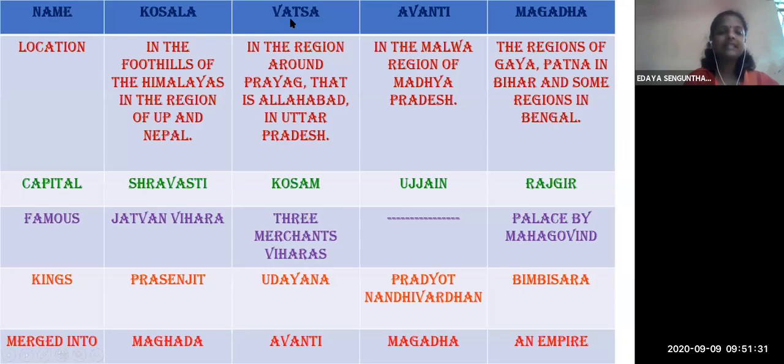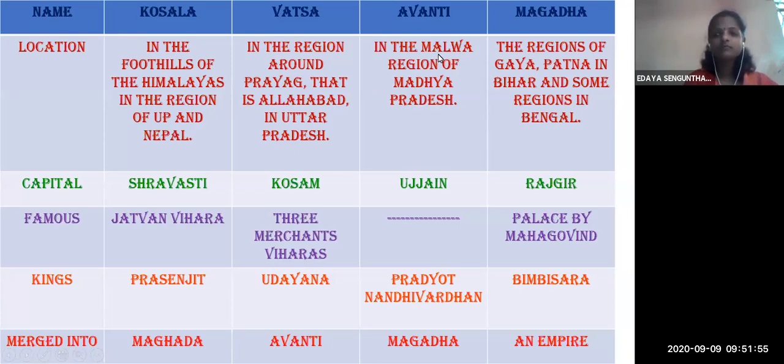Now, Vatsa. What is the location of Vatsa? In the region around Prayag, that is Allahabad in Uttar Pradesh. Very good. And what is the location of Avanti?